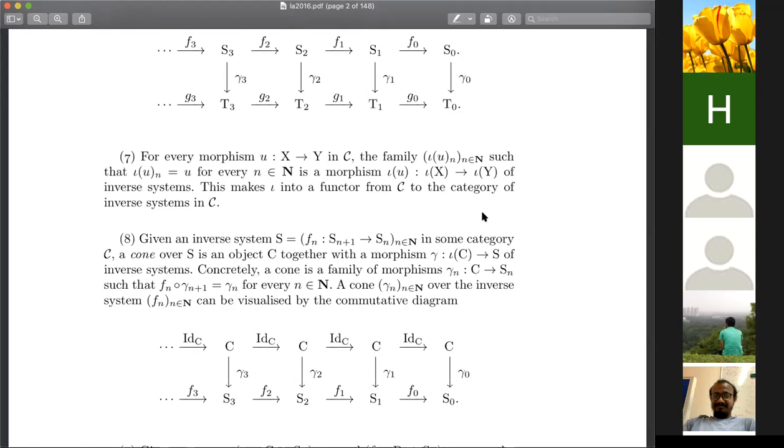So this is a very special case of a very general categorical notion, right? But we just need this special case where our objects are indexed by natural numbers.